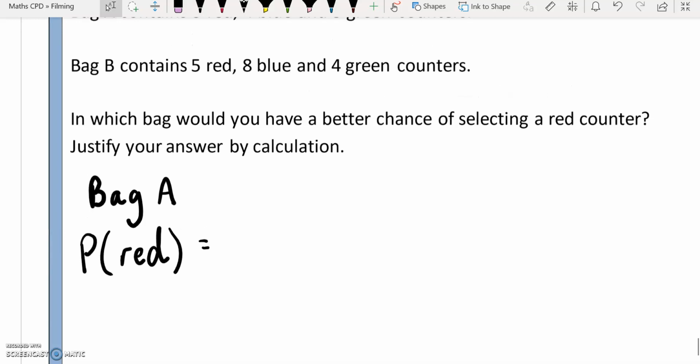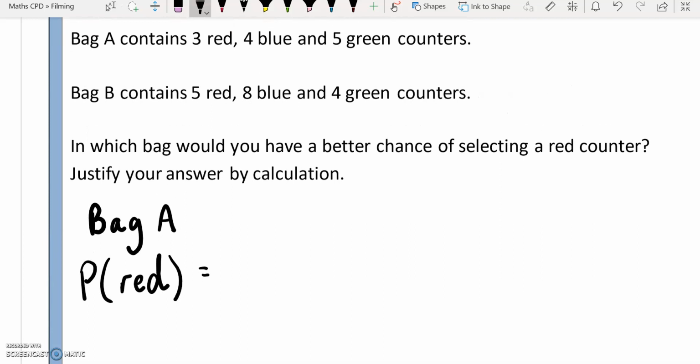So the probability of choosing a red in the first bag: how many reds are there? There are 3. And how many are there altogether? So how many counters are in the bag? It's 3 red, 4 blue and 5 green. 3 and 4 is 7 and 5 is 12. So there's a 3 in 12 chance of choosing a red in bag A.